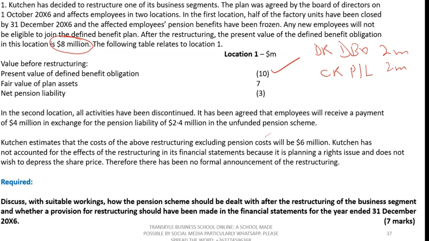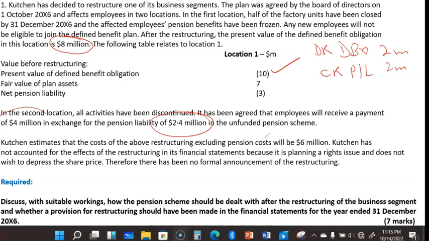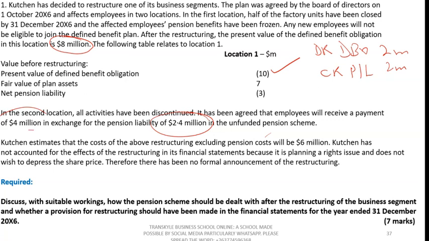There is curtailment with settlement. So what happens? The DBO was 2 million, but we are going to overpay. This is an overpayment: 4 million is actually an overpayment.